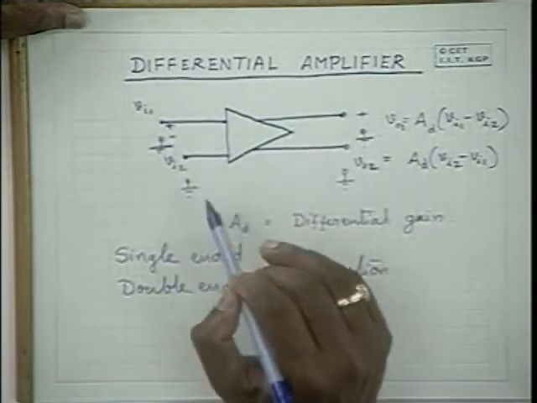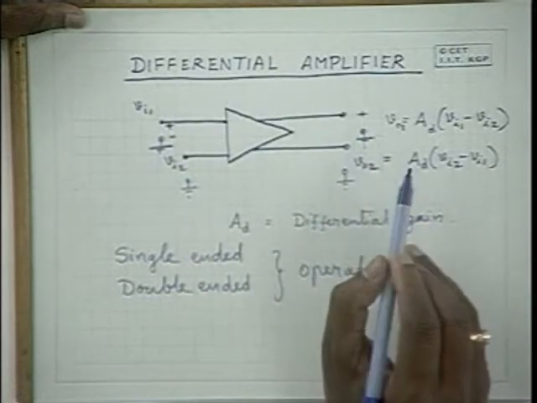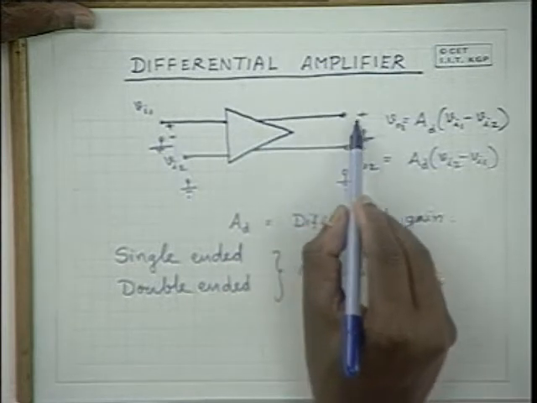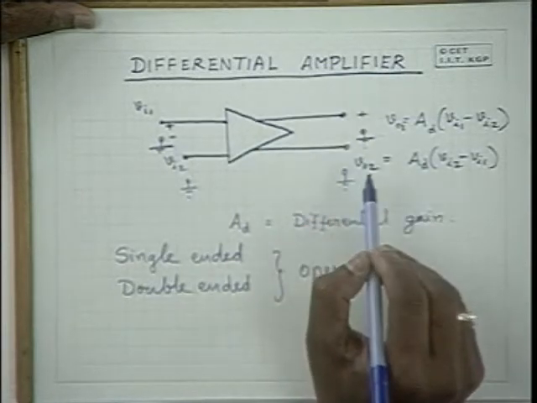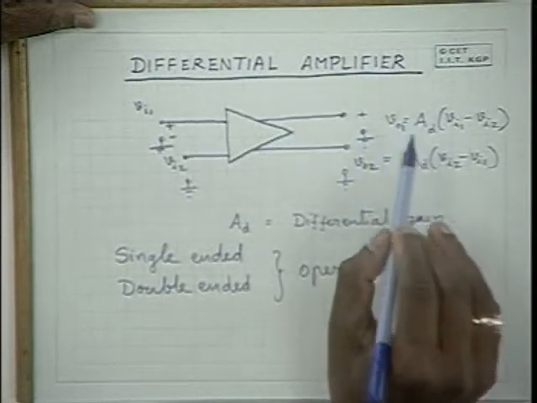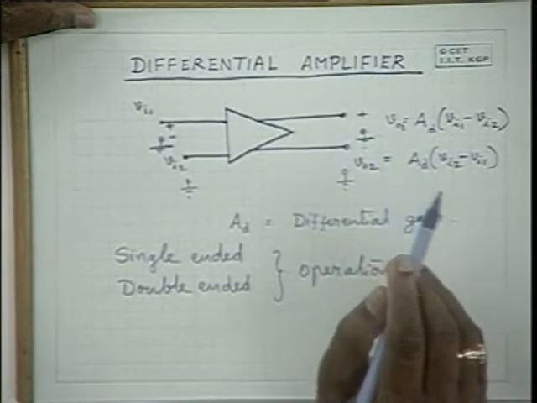Yes, these two signals appear at both the outputs. Under common mode signal, you will have a common mode signal present in phase at both the outputs, and the differential signal appears out of phase at both the outputs.